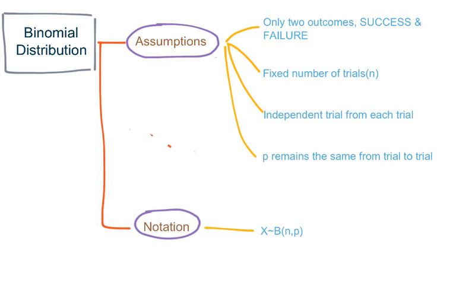Now let us go with the second assumption: fixed number of trials. Before we go with the explanation, first you need to know what a trial is. Trial we represent as n. Trial means the action that we do to check on our outcome.